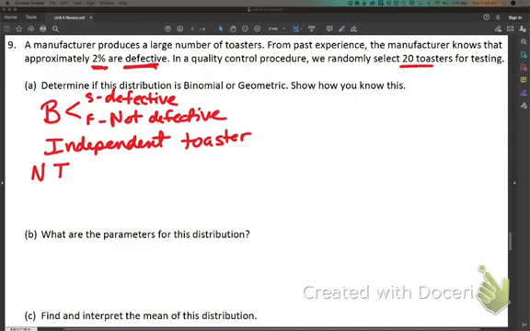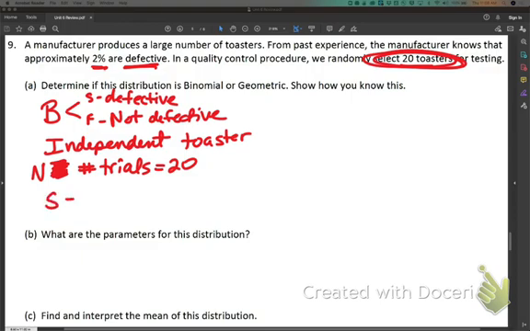It tells us here that we have selected 20 toasters. So we have N, a number of trials, and those are predetermined at 20. Our success probability, well, it tells us that 2% are defective, so our success probability is fixed, and that is 0.02.